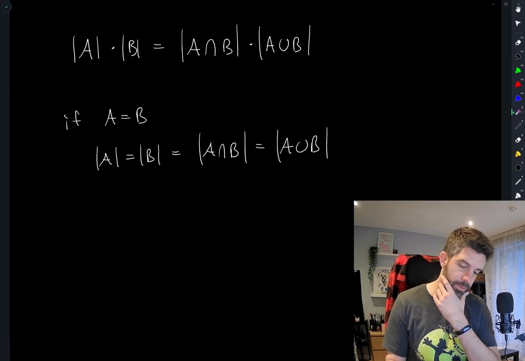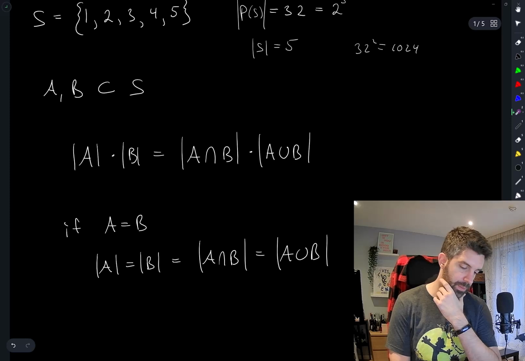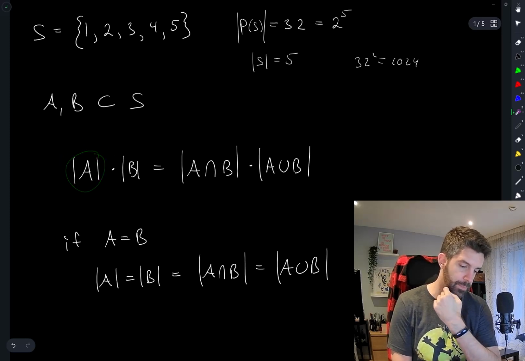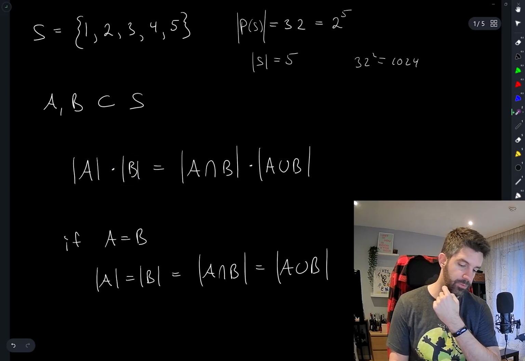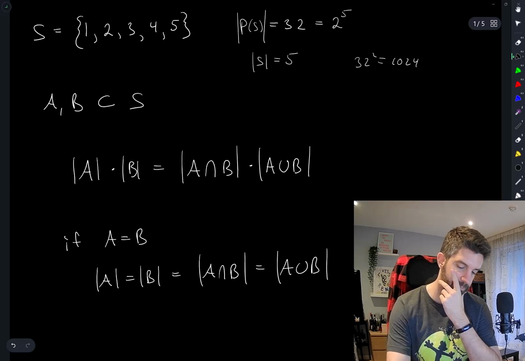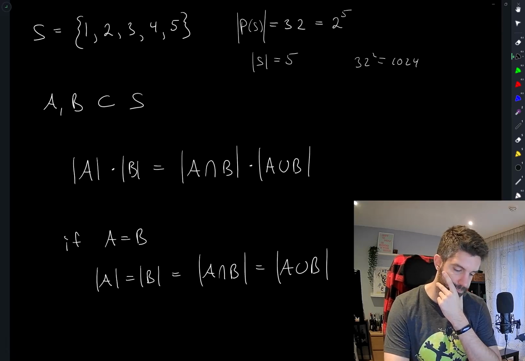I guess maybe we look at the sizes of A and B, right? Cardinality of A is a number between 0 and 5. The cardinality of B is a number between 0 and 5. So let's in fact consider cardinality of A is 0. So A is the null set.